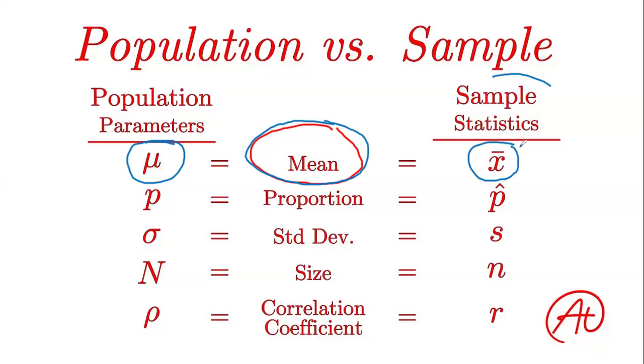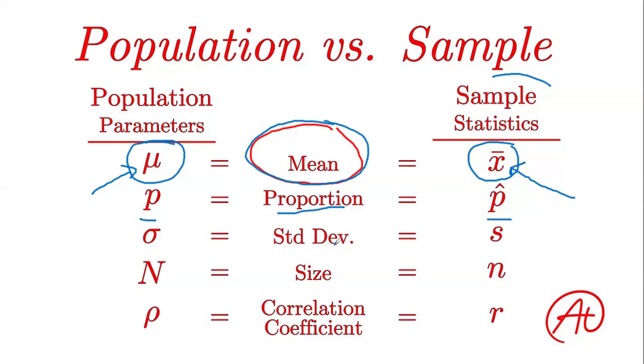If I'm talking about the mean, and that mean is for the population, then I use mu. And if I'm talking about the mean of the sample, I use x with a dashed line on top as my symbol. Okay, and then we have all these. If I am talking about a proportion, for the population, I'll just use P, and for the sample, I'll use P with that symbol on top.